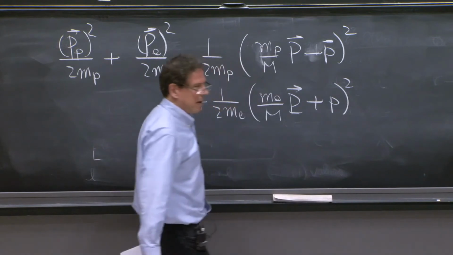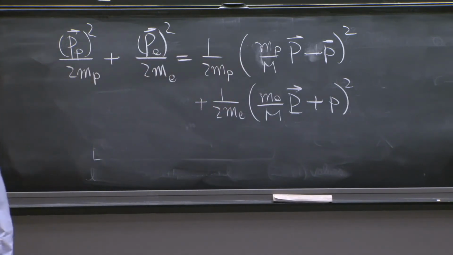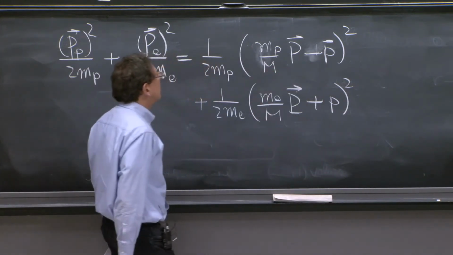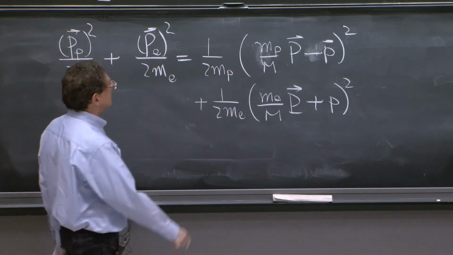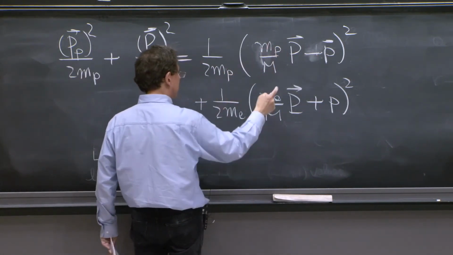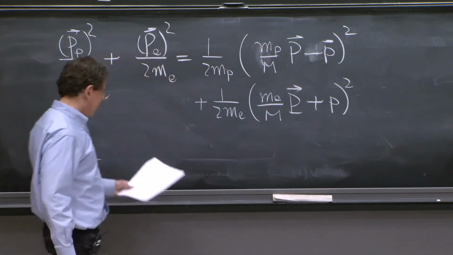And the plus and minus are extremely reassuring because the cross terms that couple the two are going to vanish. You can see the cross term will have a minus sign. m_p will cancel, m_e will cancel. They will cancel.